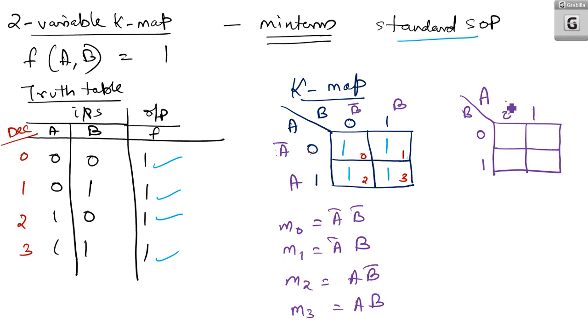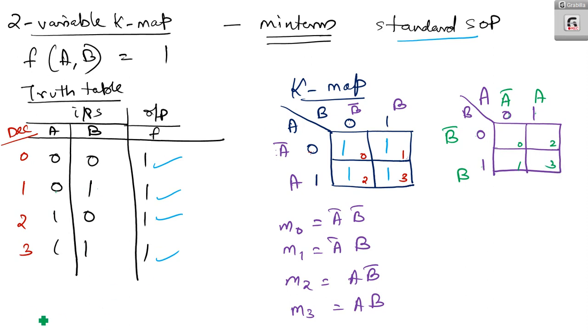So this is A bar, A, and this is B bar, B. You should start from here with 0 0, which is 0. Now 1 0 is 2. Then 0 1, which means A is 0 and B is 1, the value is 1. 1 1 is 3. So you can take it in that form also.